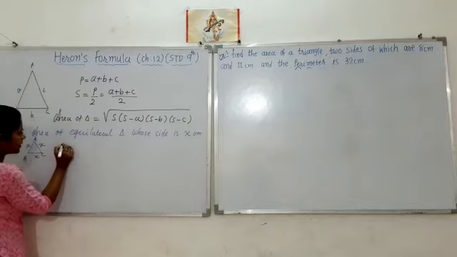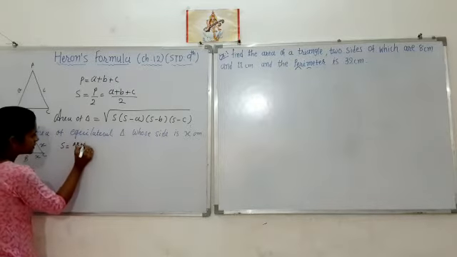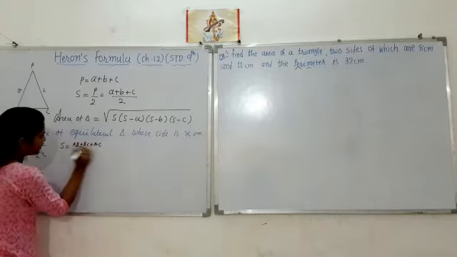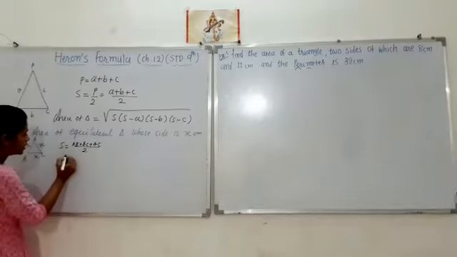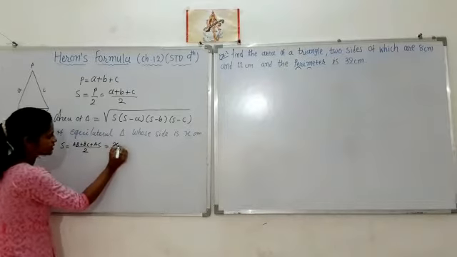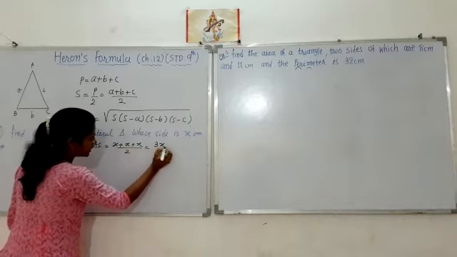So first of all find out S. S means AB plus BC plus AC divided by 2. That means the sum of all sides divided by 2, the semi-perimeter. So here S is x plus x plus x divided by 2, so 3x by 2.